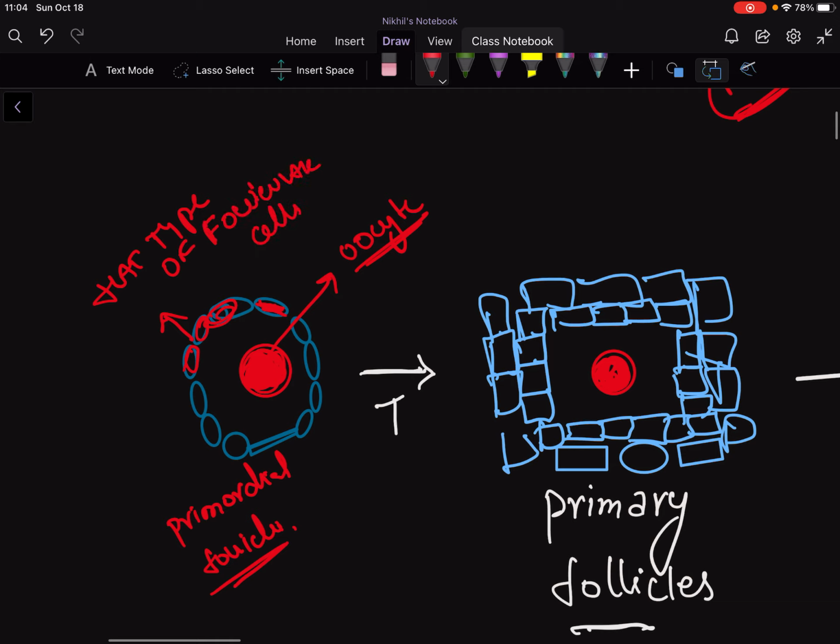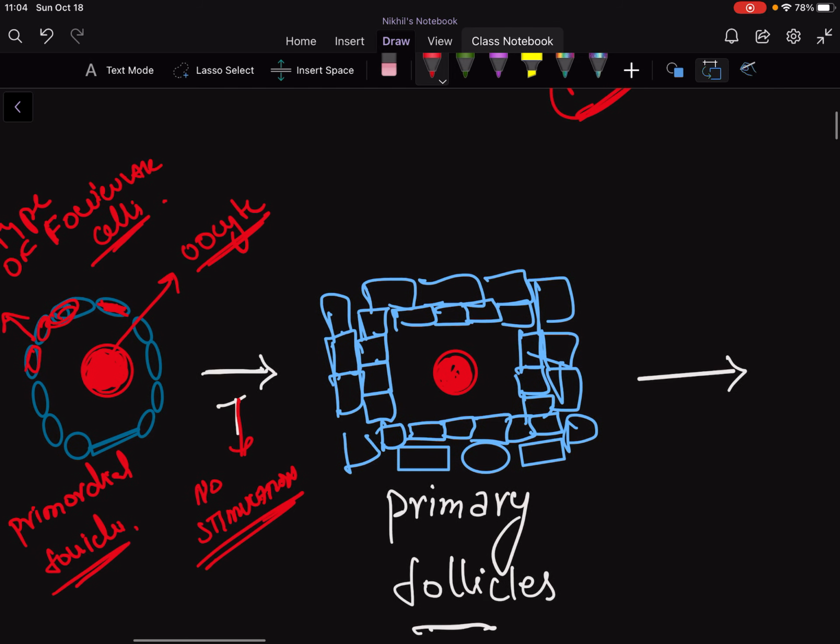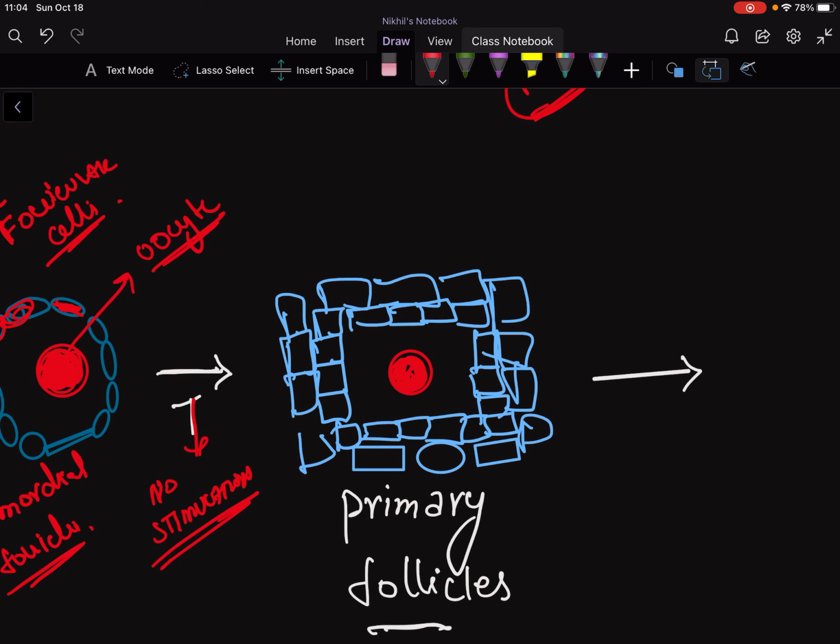And without any stimulation, there is no stimulation like FSH and LH here. Okay, 15 of the primordial follicles will enter into the reproductive cycle, nearly 15, without any stimulation, and they are converted into primary follicles.